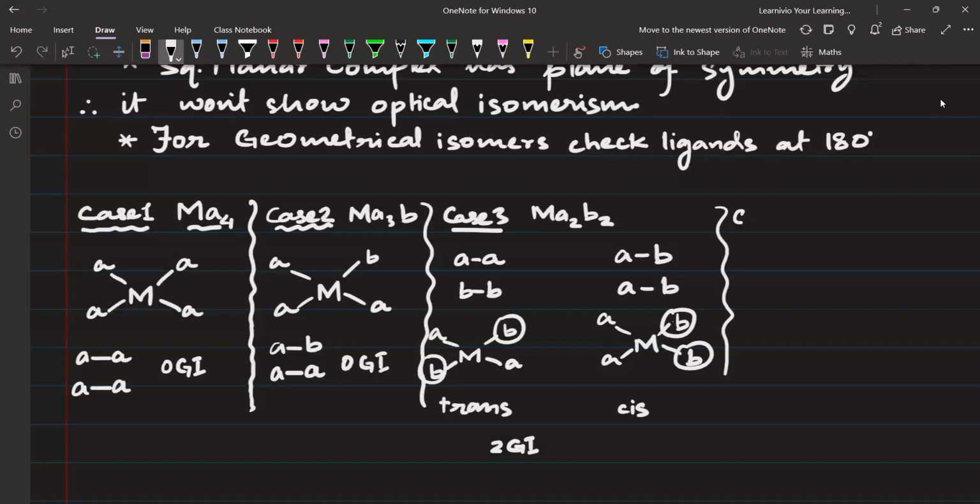Another case will be case number 4. We have M, 2A same, and B, C. B, C are, now what are the cases?